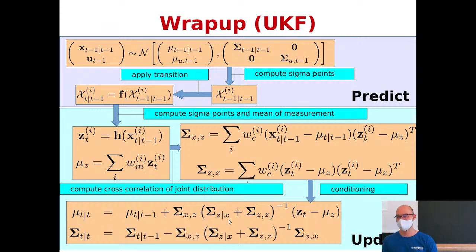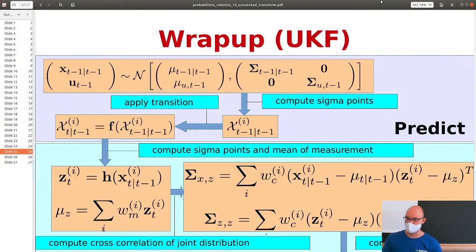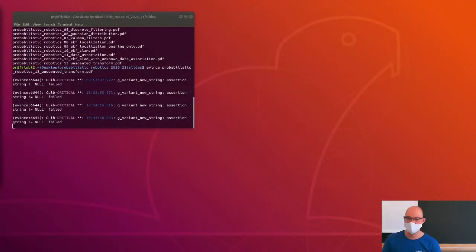And then after having computed sigma ZZ, we can obtain the next state by doing conditioning on the remaining distribution. And this bugs me so much that I have to do it on the spot.